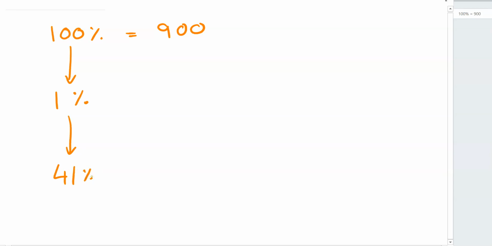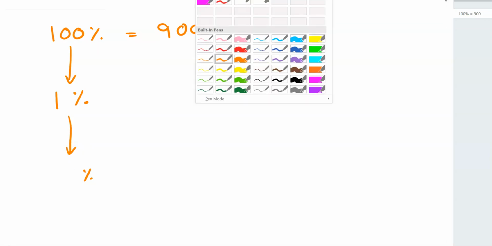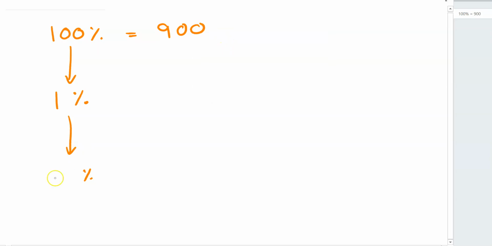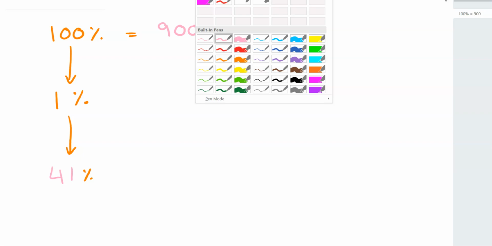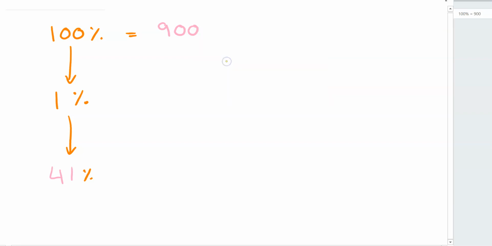The bits that will change I'm going to do in a different colour. So pink for percentage, 41. That will always change. The number at the top here will always change. The bits that will always stay the same are the 100 and the 1%. To turn a 100 into a 1, we're going to divide by 100.